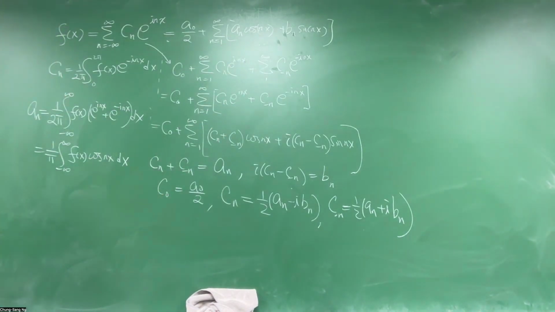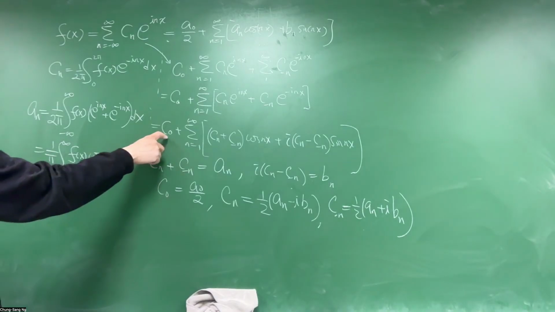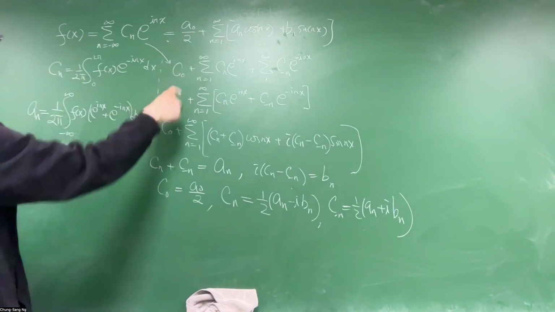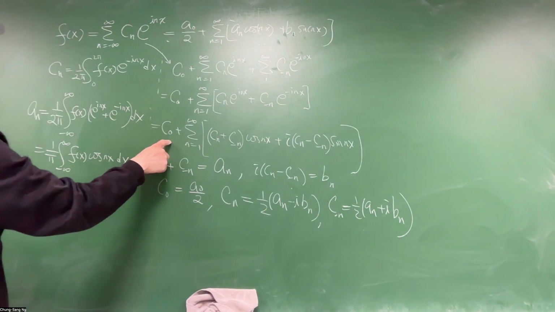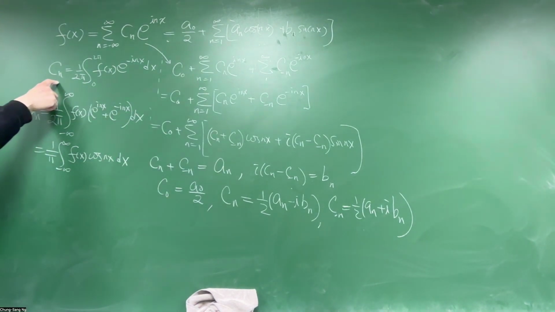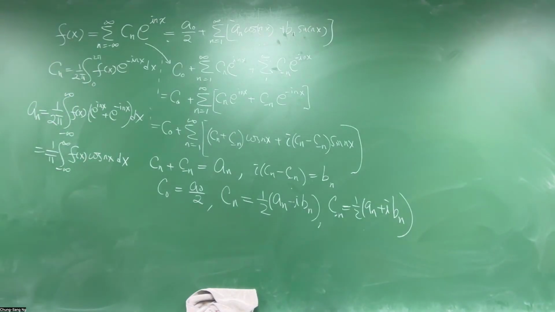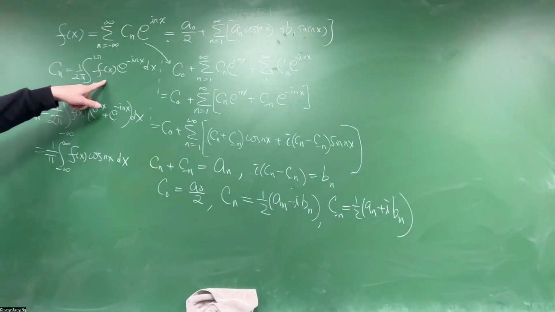And obviously, a sub 0 you need to consider separately, because by comparison a sub 0 is 2c sub 0. So 2c sub 0 is just integrating f of x over 2 pi. C sub 0 is that, and a sub 0 is 2 times that, you cancel the 2, so it's 1 over pi integrated f of x.